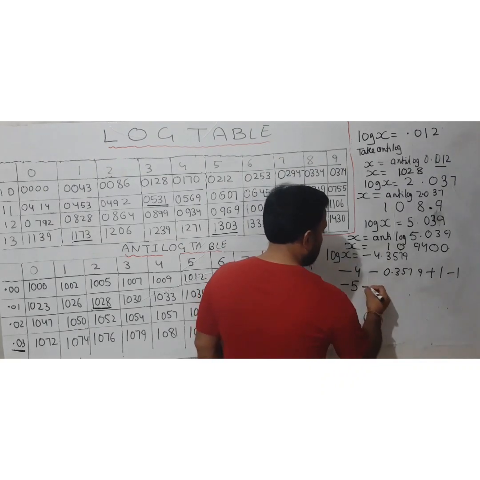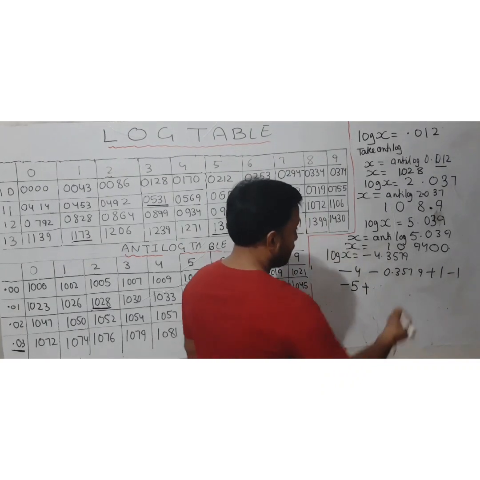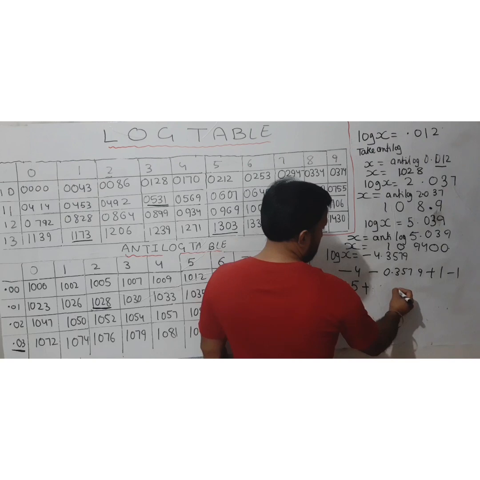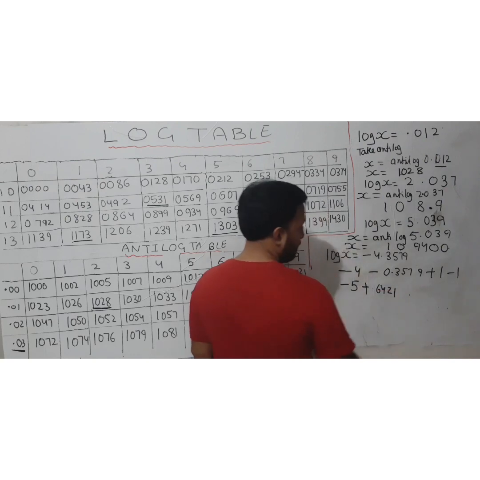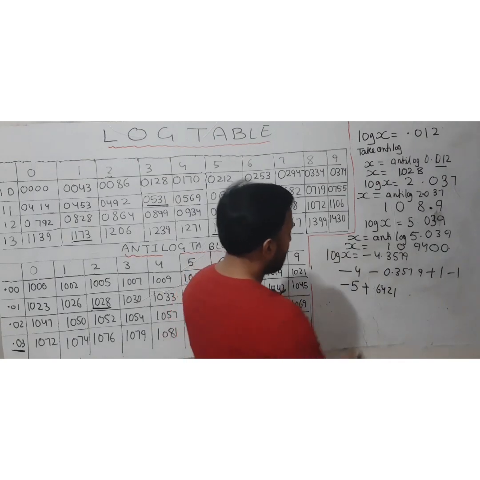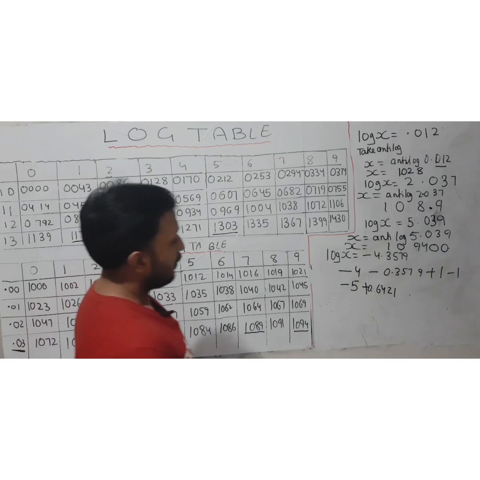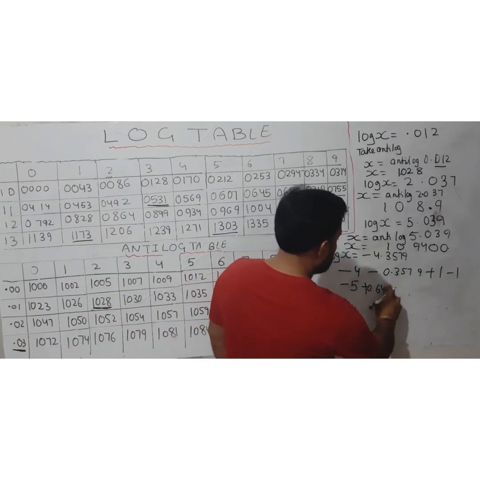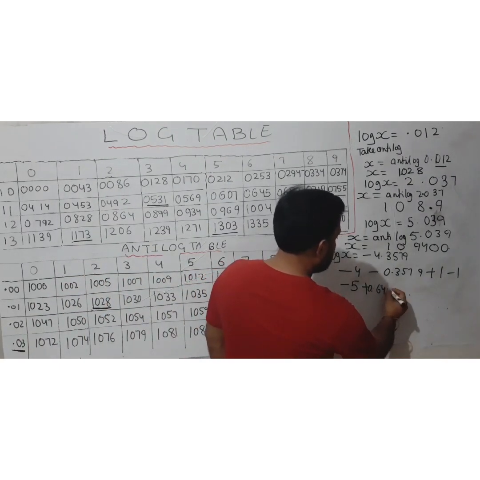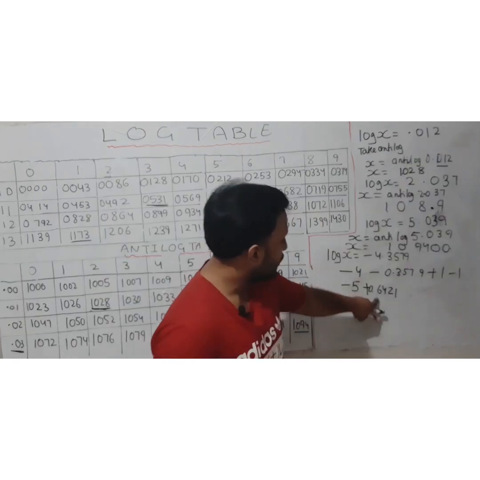So what does it become? It will now come positive. So that is 0.6421. That is going to be the value.